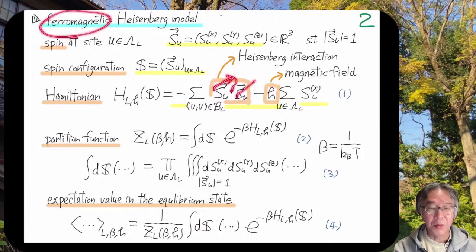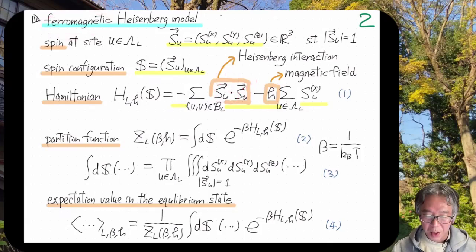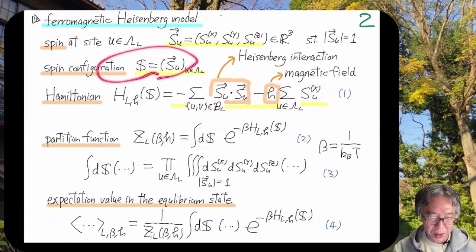This is why we call this a ferromagnetic model. And this term expresses the magnetic field in the x direction. Here you have the x component of this spin. If you want to lower this energy, you want this to be big. That means the spin is pointing in the positive x direction.